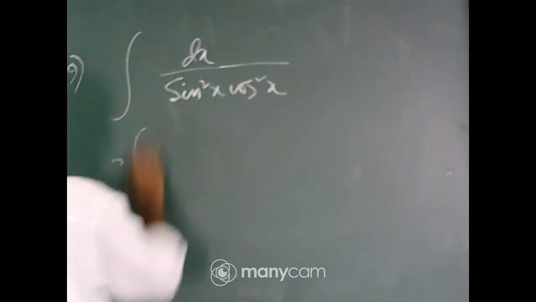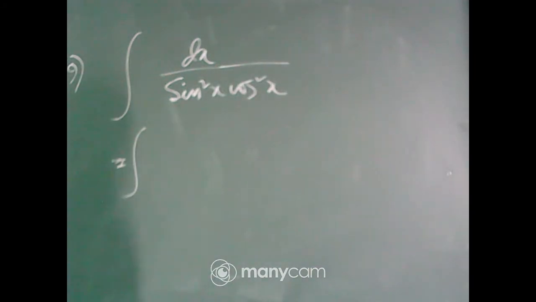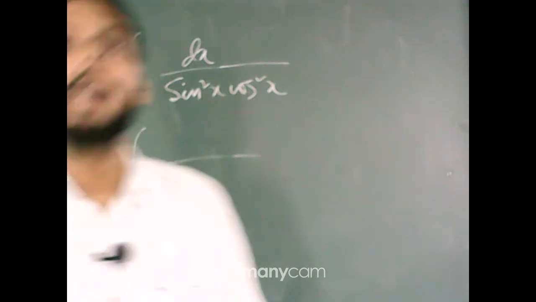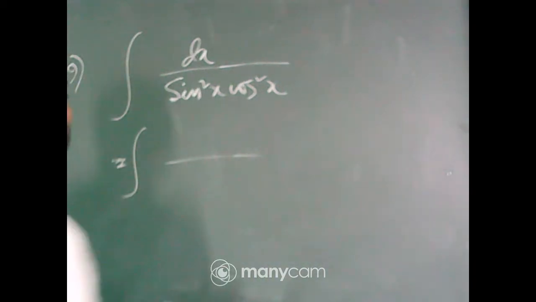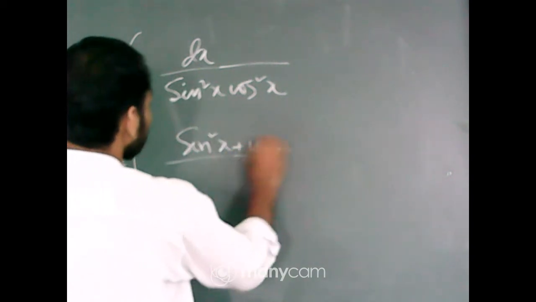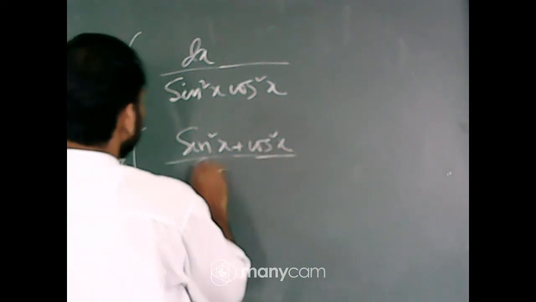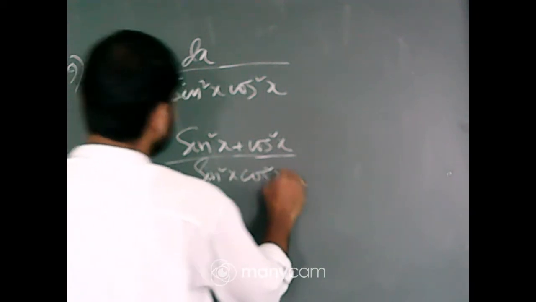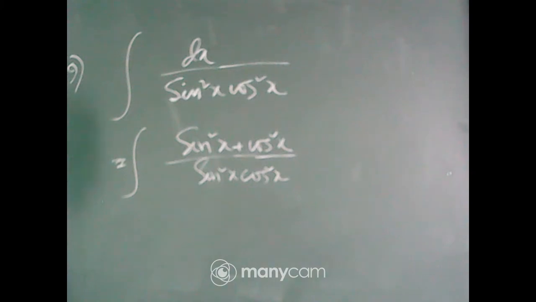Now here in the numerator there is nothing actually, that means 1. So instead of 1 we may write here sin square x plus cos square x. You all know that. So sin square x plus cos square x by sin square x into cos square x dx.